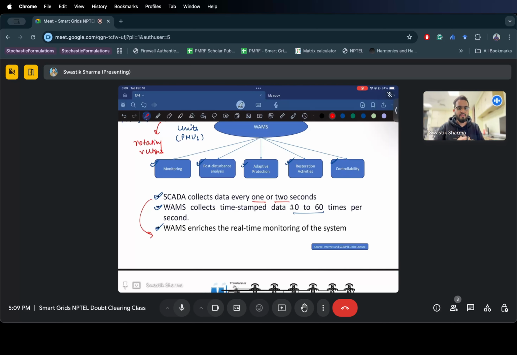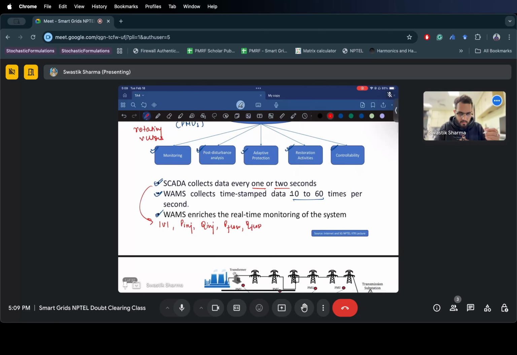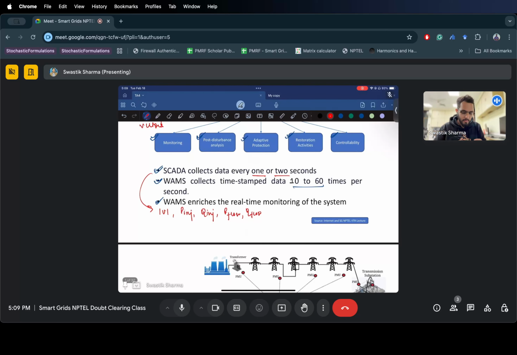SCADA is generally used to give specific quantities: your voltage magnitude, your P injection or Q injection, your P flow and Q flow in a line. This is the data collected by SCADA through RTUs, remote terminal units, right?